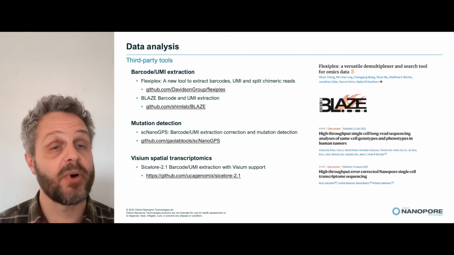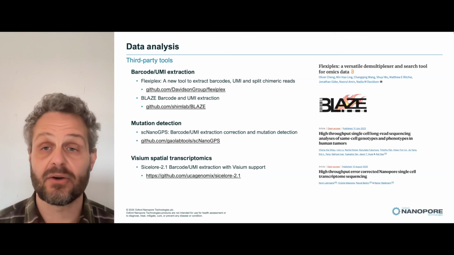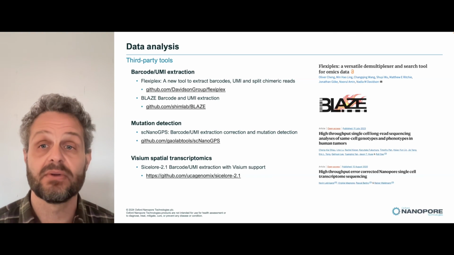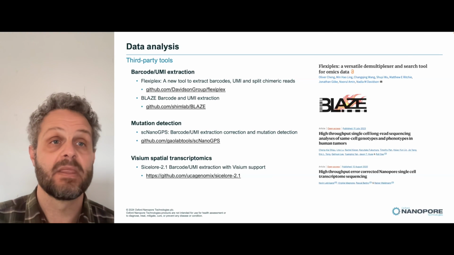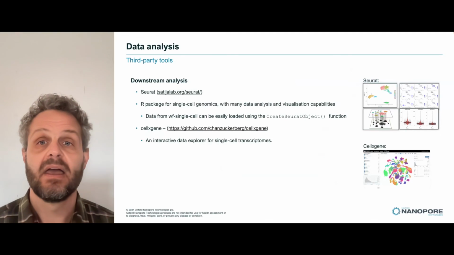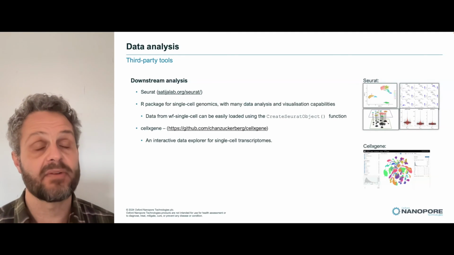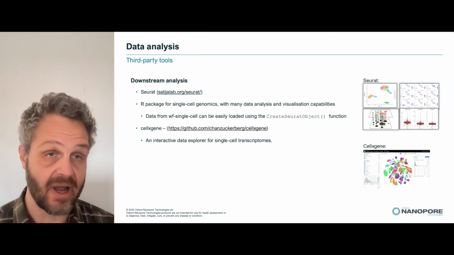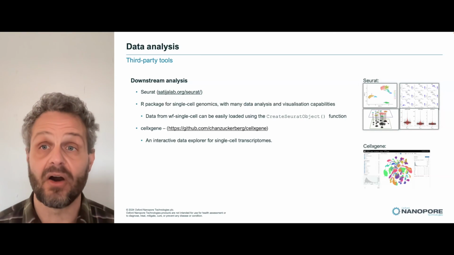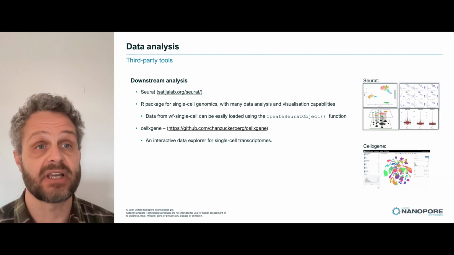Sicelore 2.1, as well as single cell support, also has support for Visium spatial transcriptomics. And next are a couple of tools that you can use to explore and further analyze your expression matrices that come out of wf-single-cell.